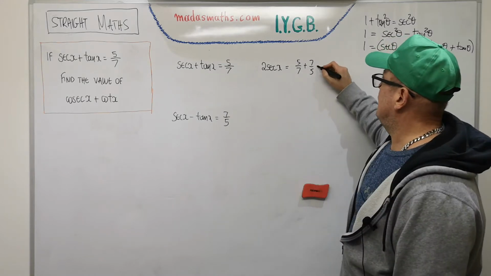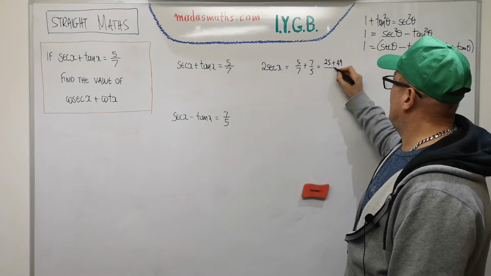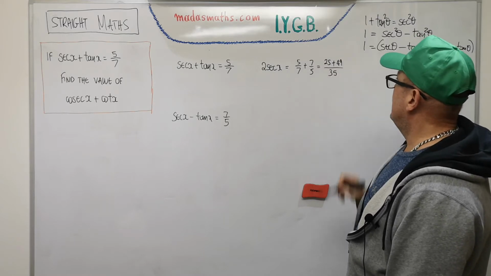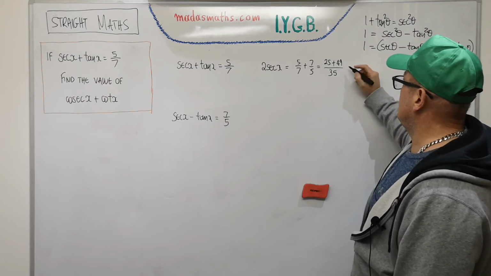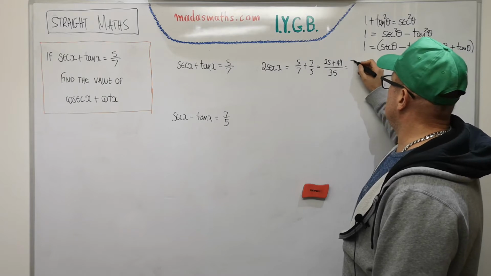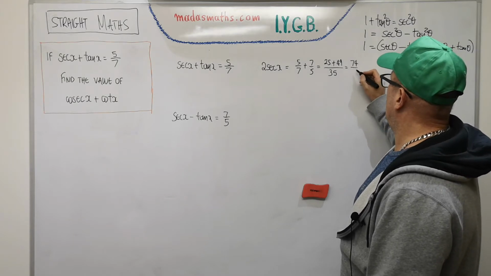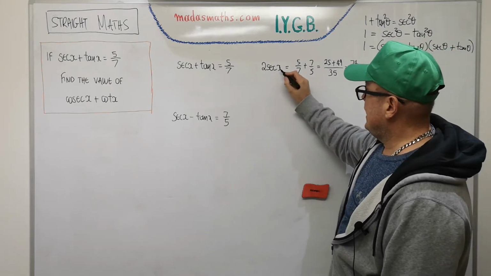It's non-calculator. 25 plus 49 over 35. Quite an ugly number. So this is now 74 over 35. That's 2 lots of the sec.